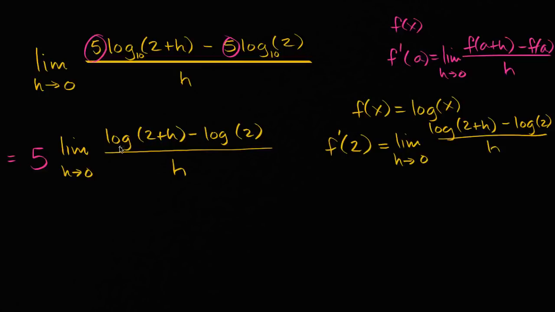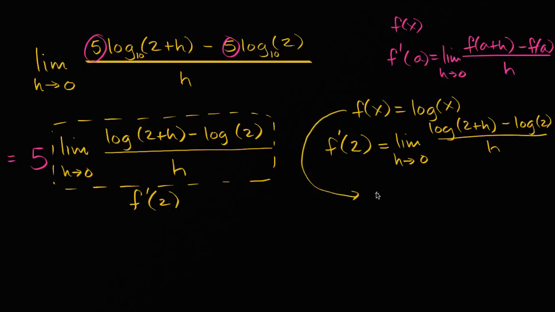So this is really just what we see here. By definition, this right over here is f prime of 2, if f of x is log of x. So can we figure that out?